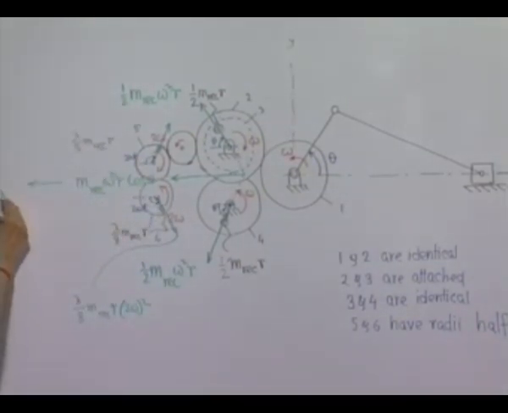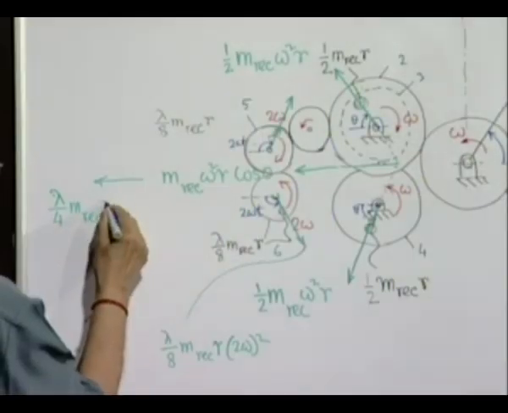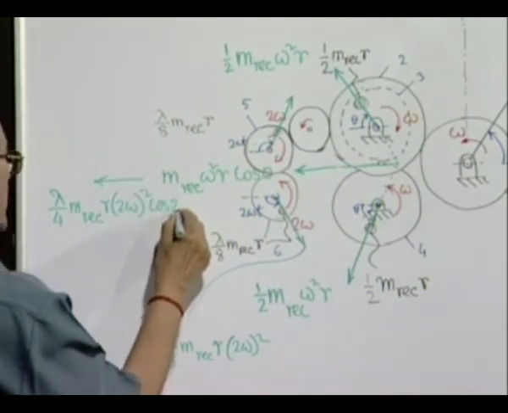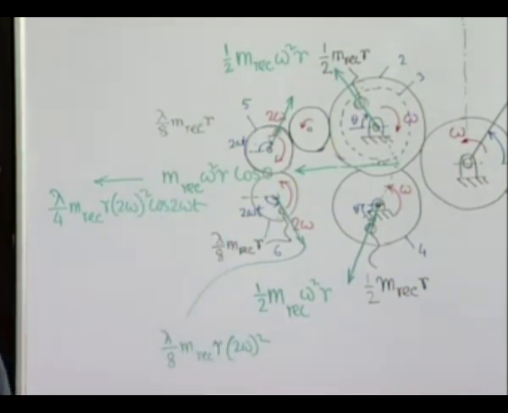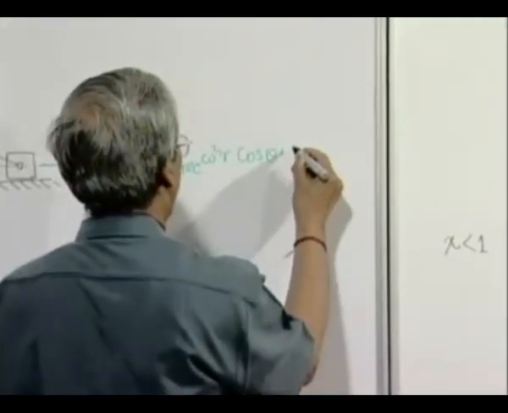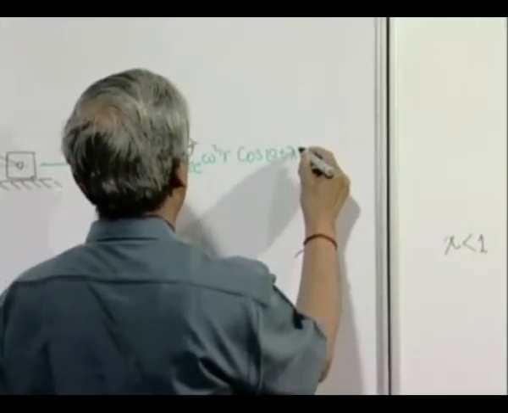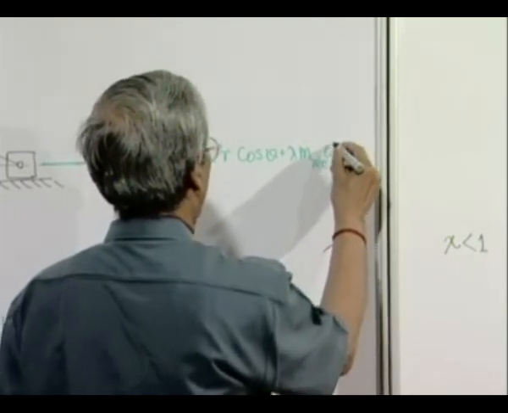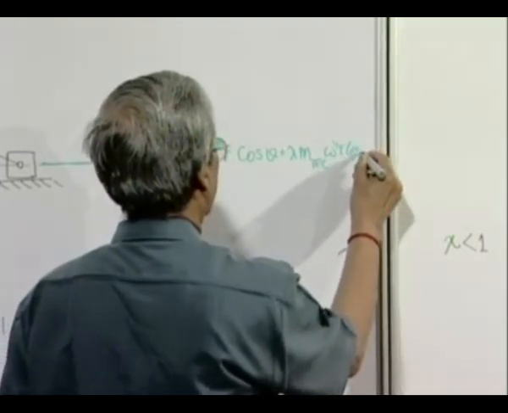So, it will be lambda by 4 m reciprocating r 2 omega square cosine 2 omega t, and the secondary force in this direction was lambda m reciprocating omega square r cosine 2 theta.